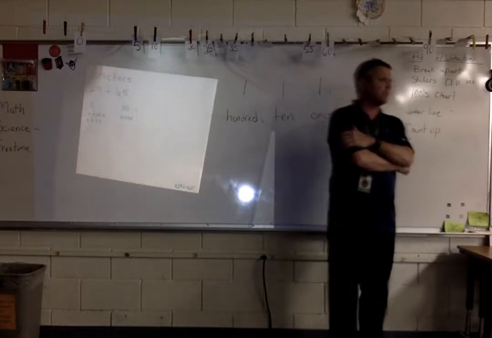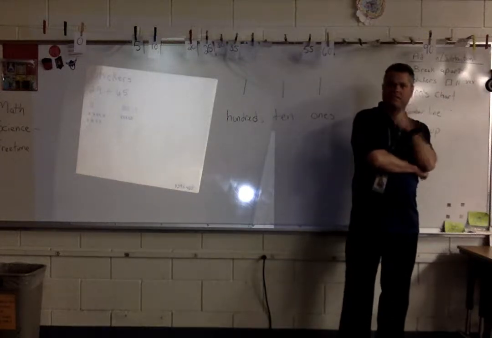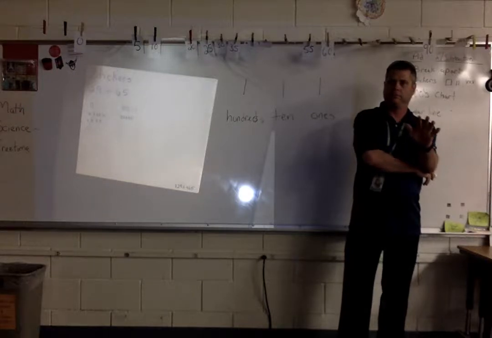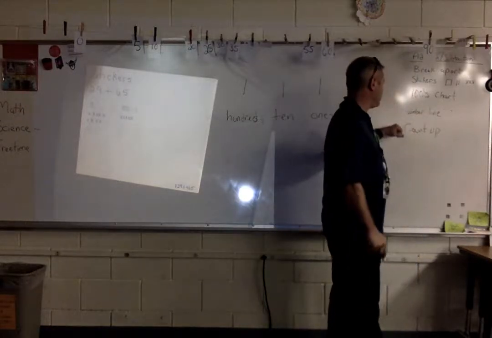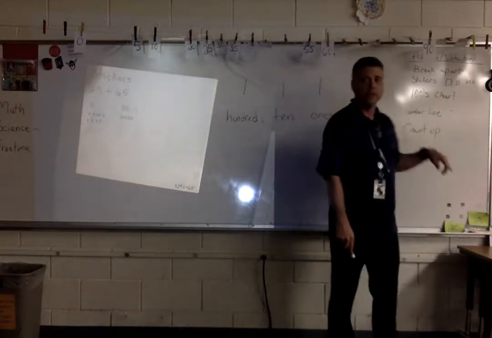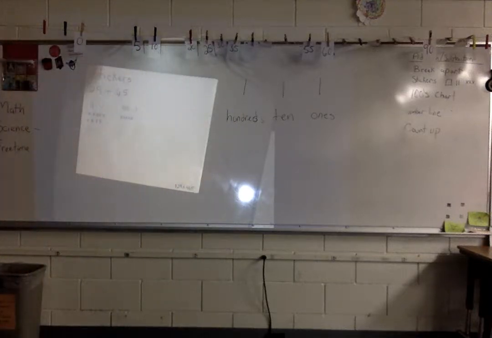Not as easy? Is that what you guys think? So could it be done, do you think? Yeah, but I think it would be a little harder. So we're not going to practice that one today. But we are going to do count up, because I think that's one you could do, right?